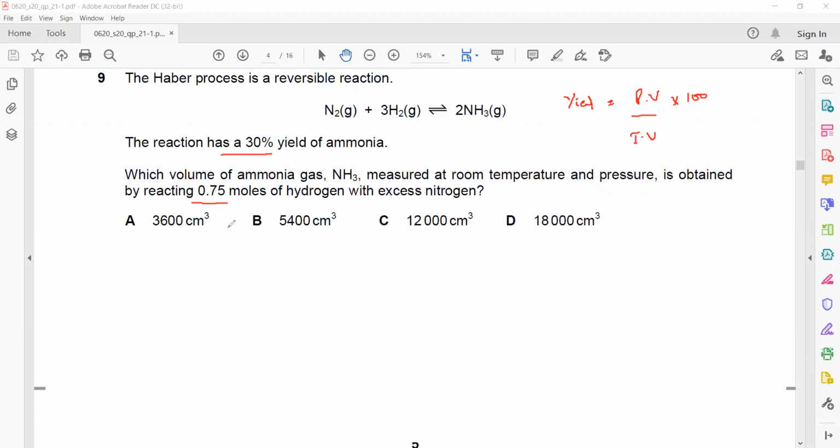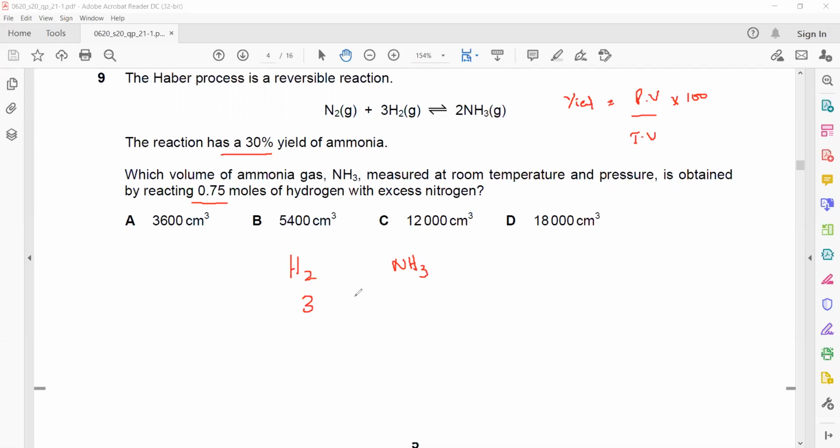We want to find the volume, and it is a 30% yield. First we'll use the mole ratio to find the theoretical value. What is the mole ratio between hydrogen and ammonia? Because we don't know anything about ammonia, we'll use the theoretical value to get the practical moles.